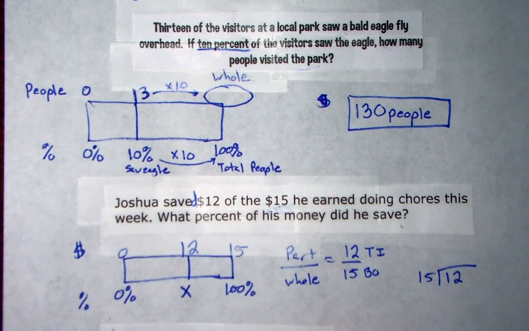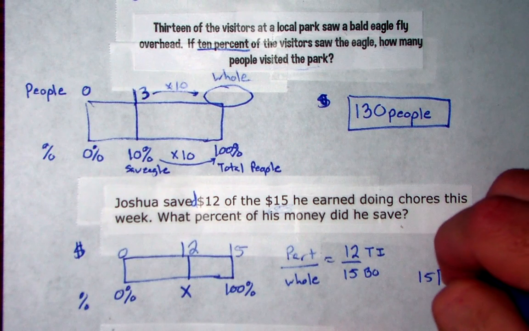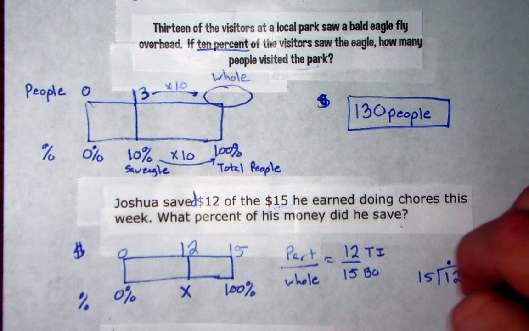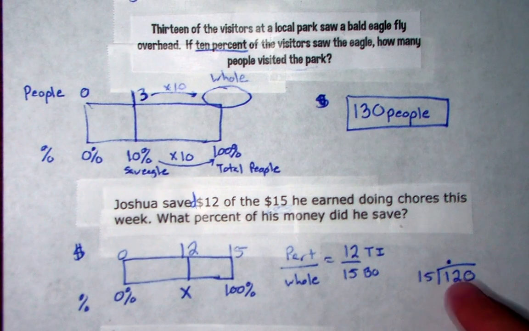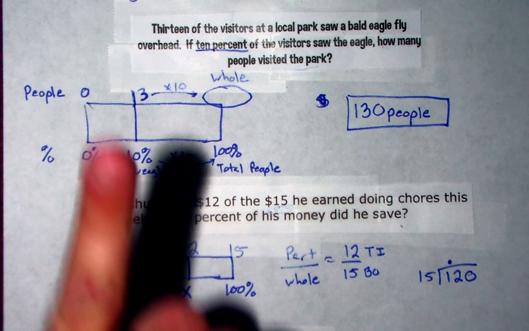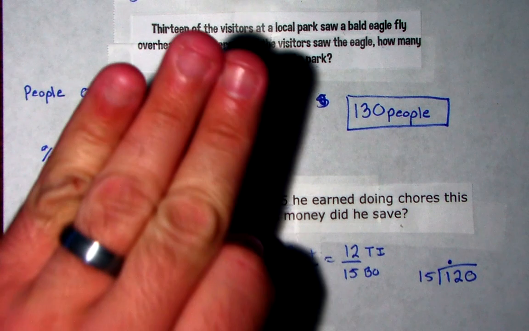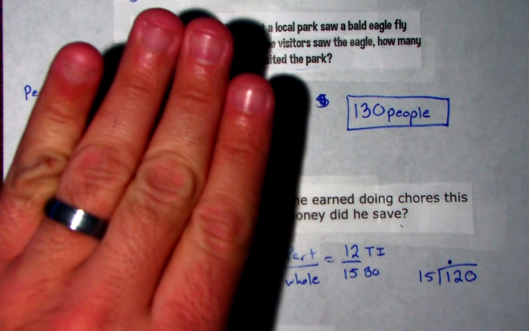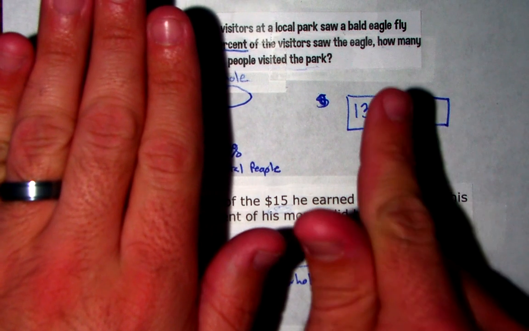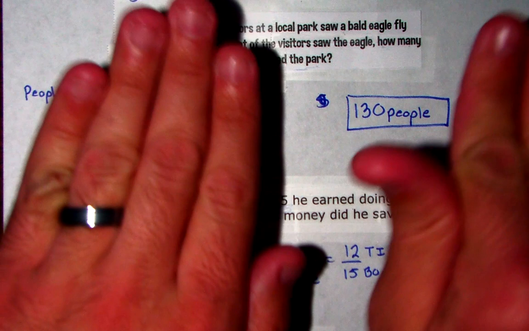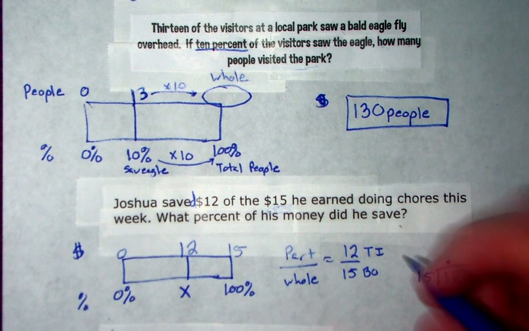Can 15 go into 12? No, it can't. So there's your decimal, add a 0. How many times can 15 go into 120? 15, 30, 45, 60, 75, 90, 105, 120. How many fingers is that? That's 8 of them.